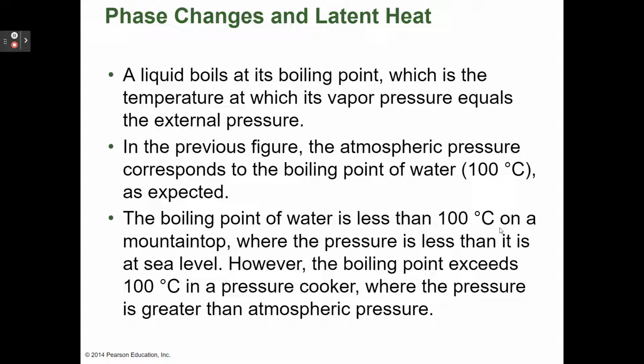So your temperature inside that pot is going to be much higher than 100. That means if the temperature's higher, the food is going to cook faster. That's why your Instapot or pressure cooker can cook an entire chicken in 20 minutes, whereas you'd have to do that for over an hour in an oven.